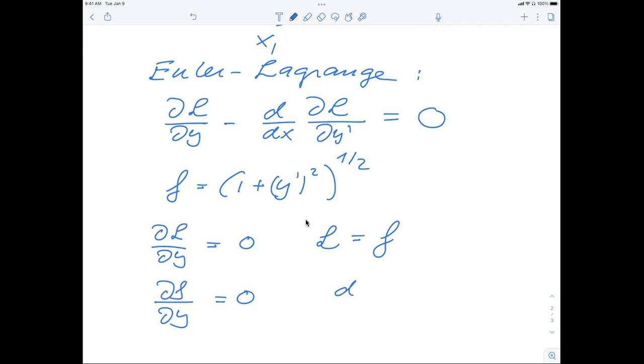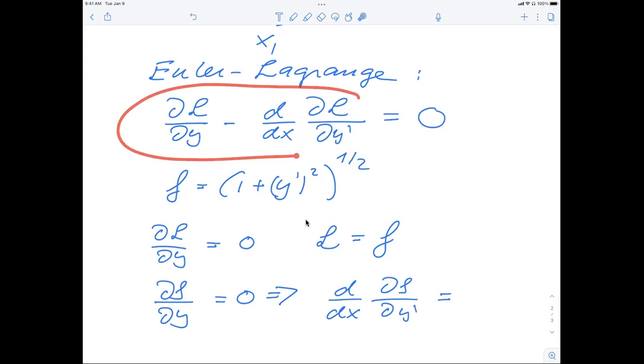And then the other quantity which we need to include is ∂f/∂y prime. Since the first one is 0, it simply follows from the Euler-Lagrange equation that this one, the derivative with respect to x, has to be equal to 0.